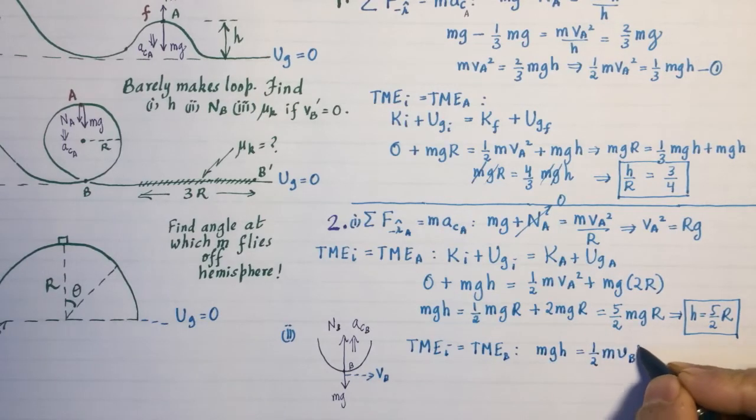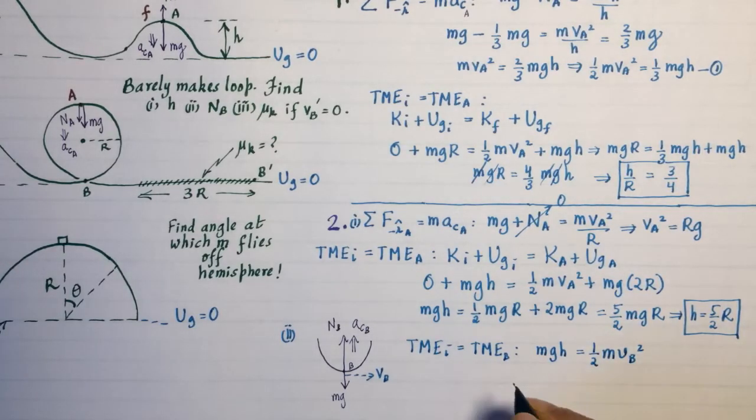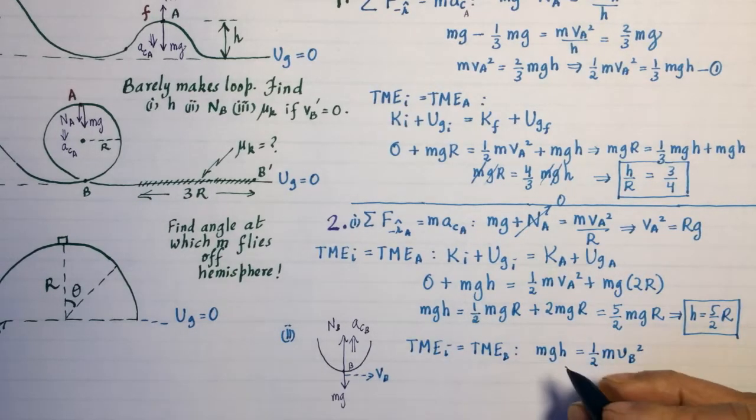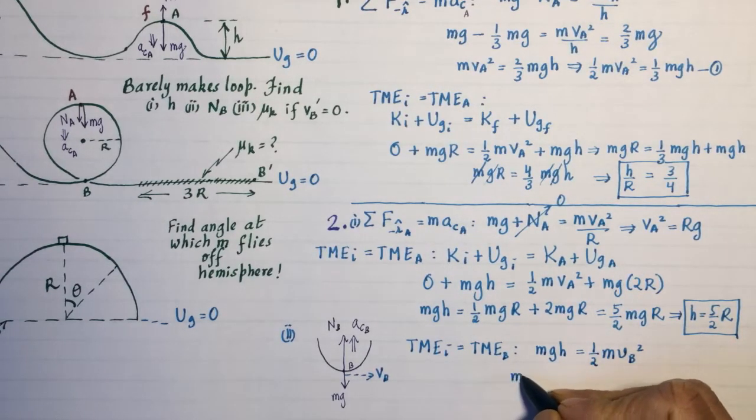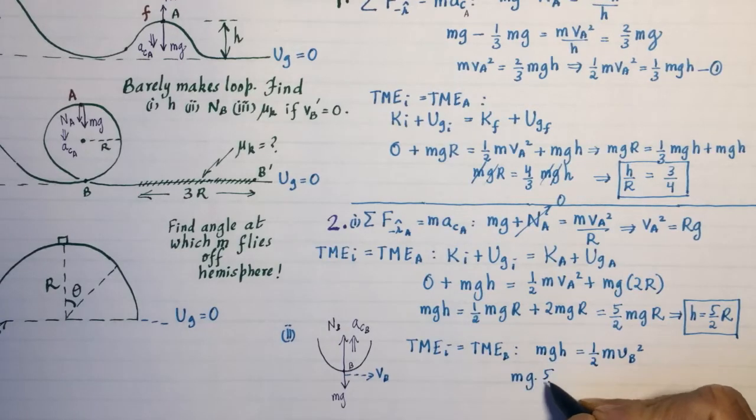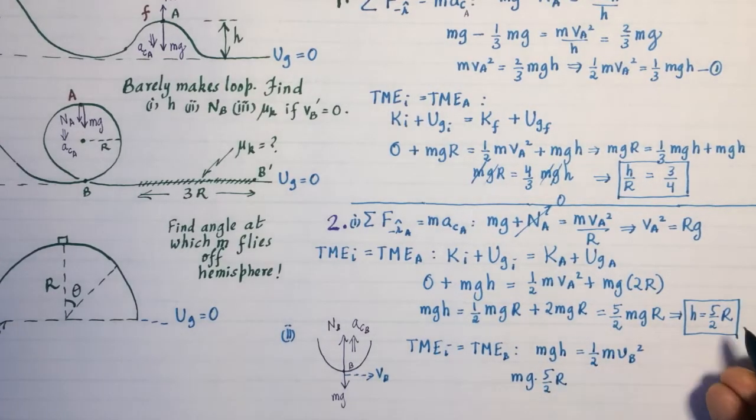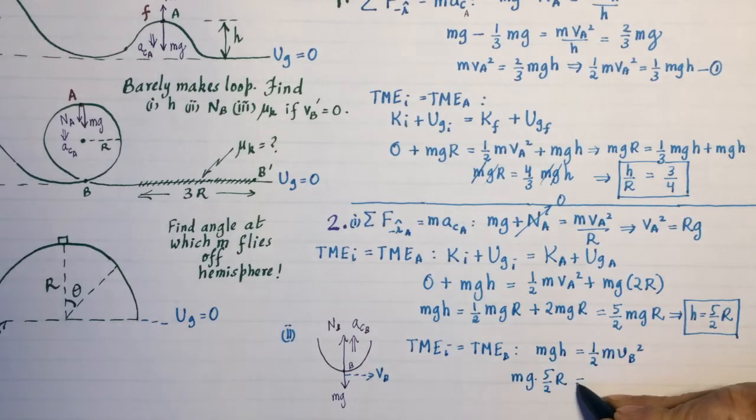It's all kinetic. I like to think of this as potential completely being transformed into kinetic sometimes. So I get mg times 5/2 R from here is equal to 1/2 m v_B squared.